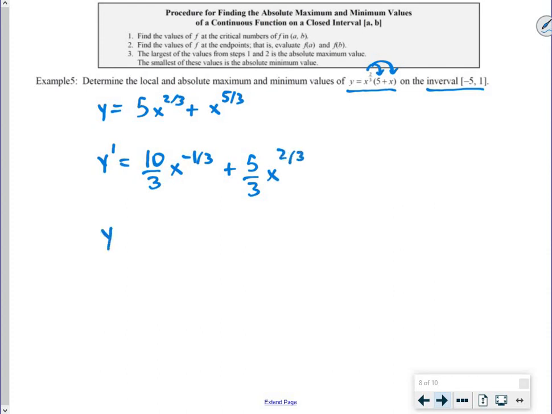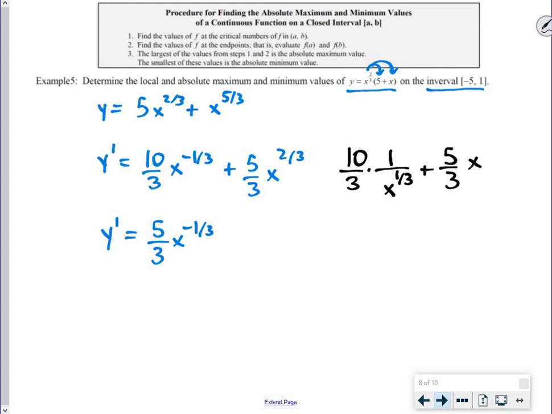Okay, we can simplify this, maybe factor out a 5/3 x to the minus 1/3 rather. I think that factor looks a little bit more obvious when you consider this form of the step above, so the 5/3 x to the 2/3.